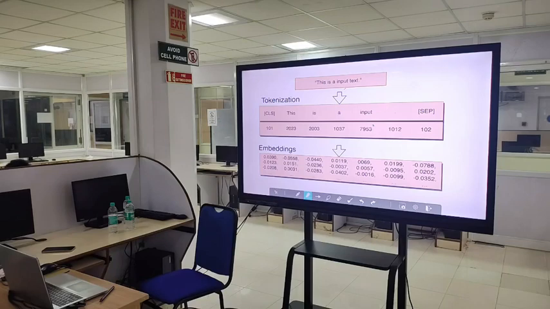I want the expansion for GPT. Yeah, generative pre-trained transformer.